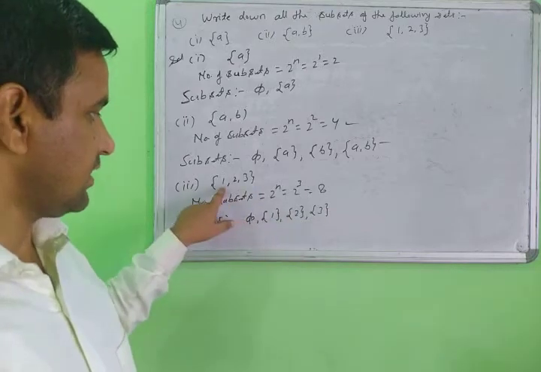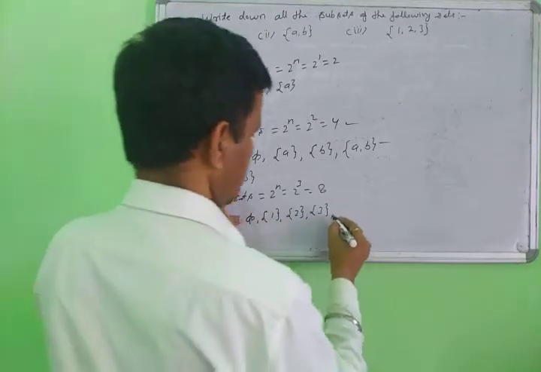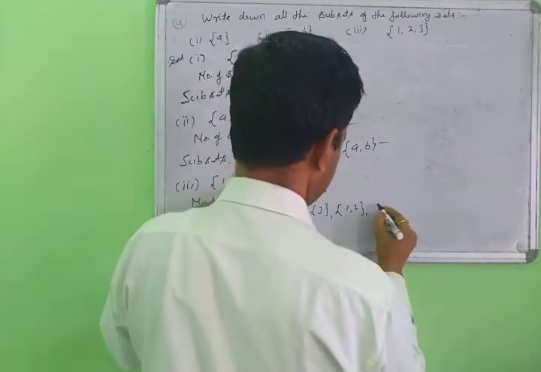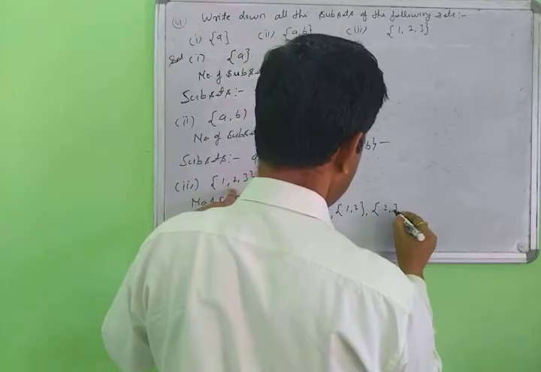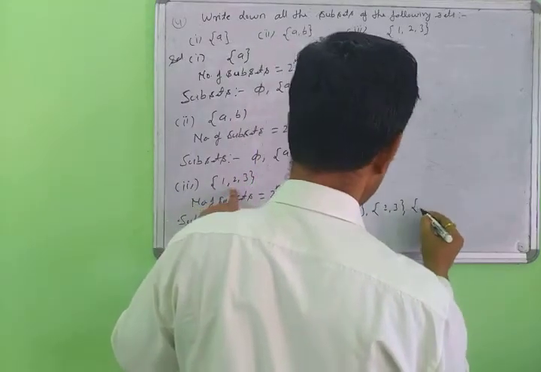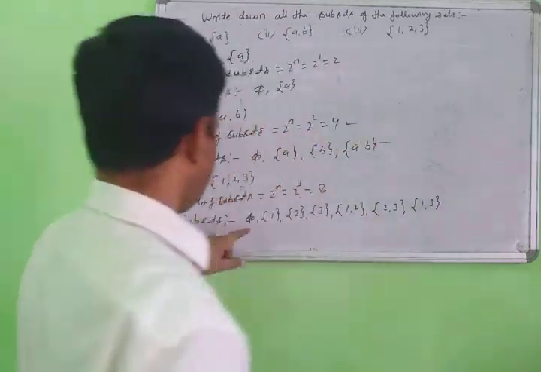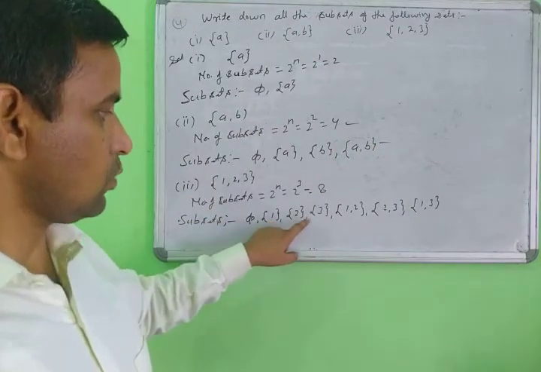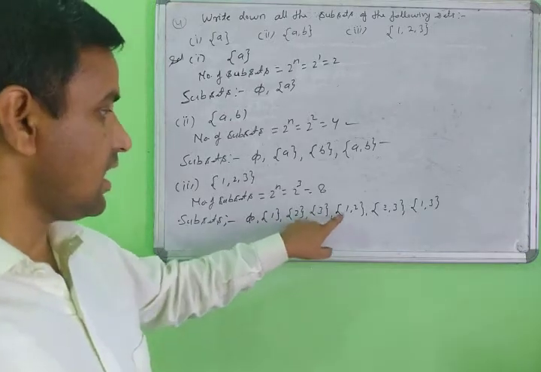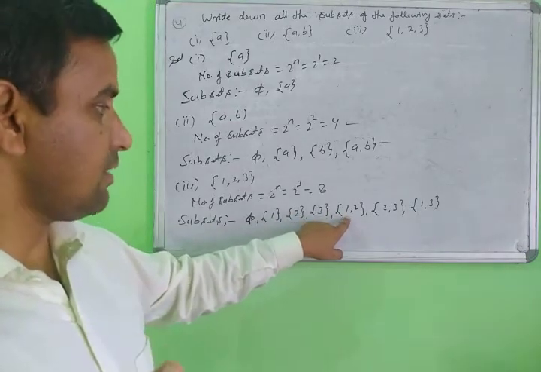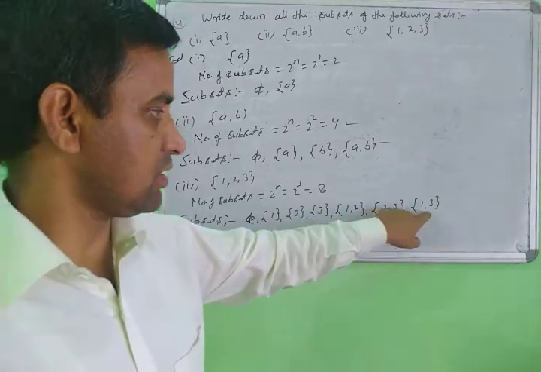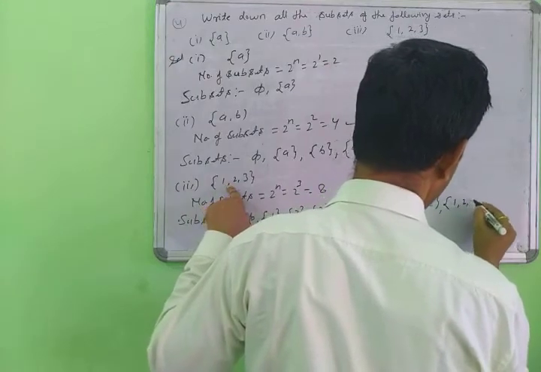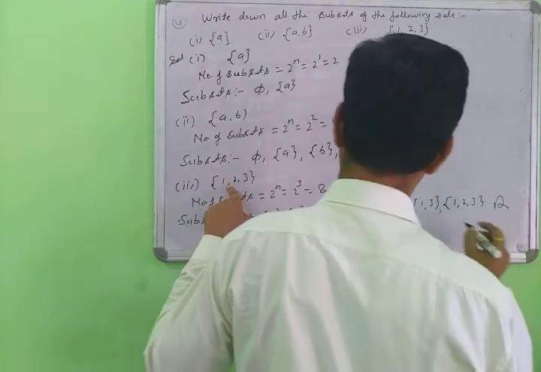Then make the double element subsets: 1 2, 2 3, 1 3. And in the last, write the complete set 1 2 3. This is your answer.